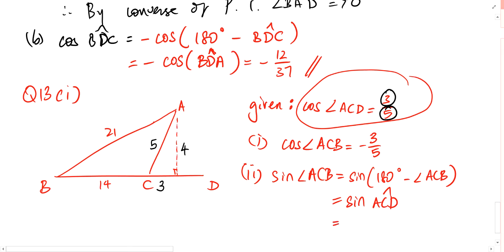Sine ACD, 4 over 5. Okay? So this is the relationship between sine of two angles, where the two angles are adjacent angles on a straight line. They are the same. As compared to cosine, the magnitude is the same, but the sign is different. Okay? So that's all for this part.